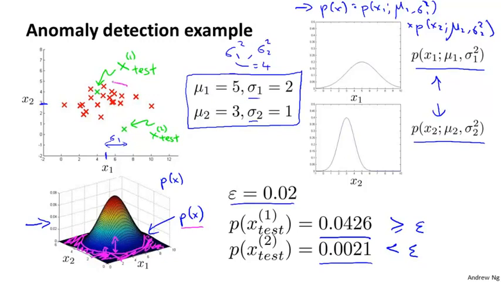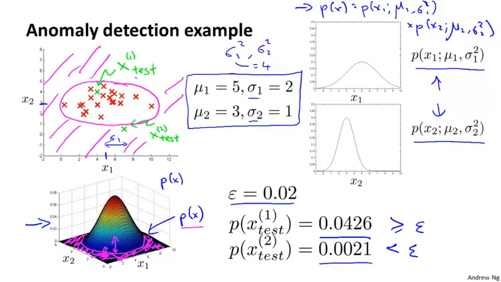It's going to define some region that maybe looks like this, so that everything outside this it flags as anomalous, whereas the things inside this ellipse I just drew, it considers okay, not anomalous examples. And so this example, x2 test, lies outside that region, so it has very small probability, and so we consider it an anomalous example.